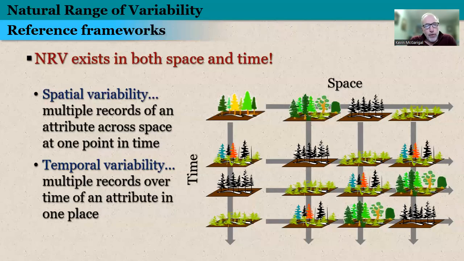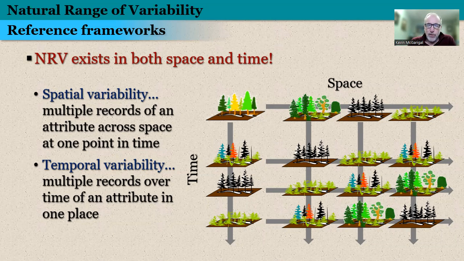First, it's important to recognize that natural range of variability exists in both space and time. Spatial variability is where we have multiple records of some ecological attribute across space, but at a single point in time. Whereas temporal variability is where we have multiple records over time of an attribute in a single place.